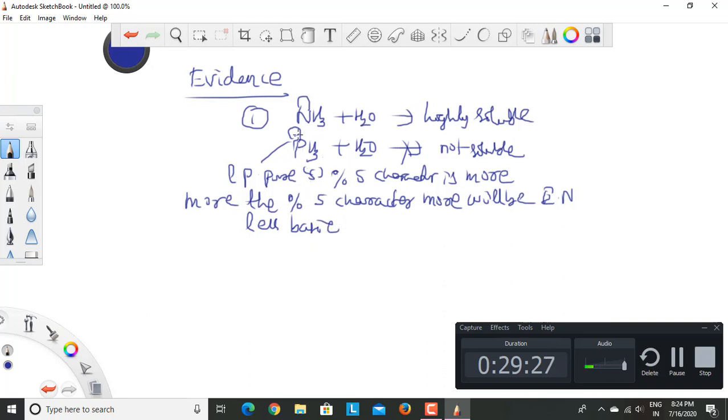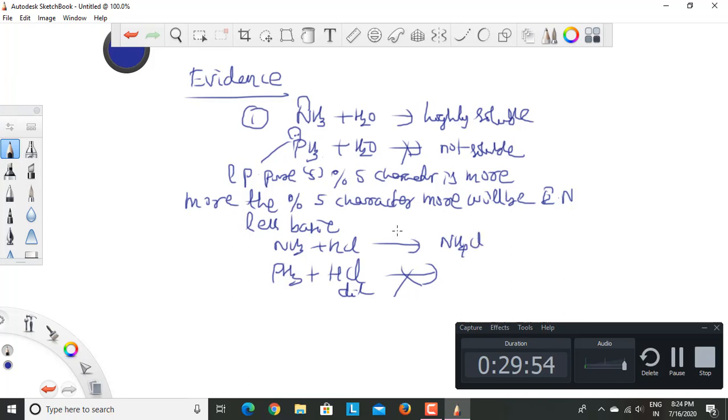And it will not share its electron with hydrogen, or with acid, so PH3 does not react with HCl. If you take PH3 with dilute HCl, no reaction. But if you take NH3 with dilute HCl, there will be a high reaction and it will give you NH4Cl.